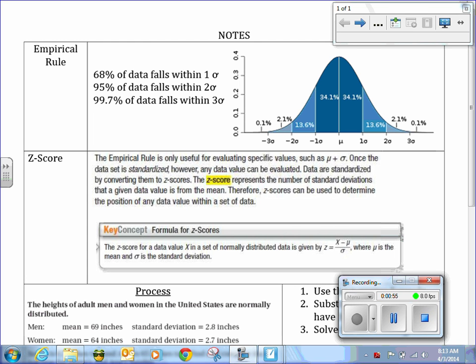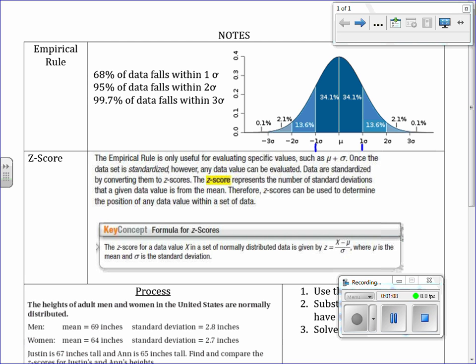When we look at this bell curve, which is very common in statistics, you can see within one standard deviation, either positive or negative, 68% of the data falls within that. You could say 68.2% of the data, but basically that's one standard deviation away from our mean, okay? And Z-score represents the number of standard deviations that a given data value is from the mean.